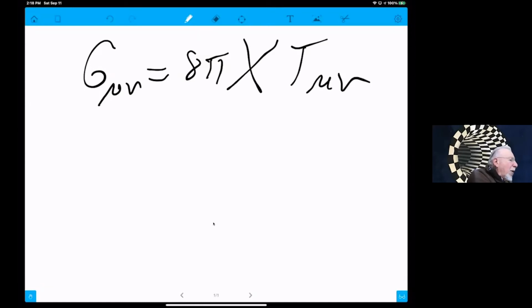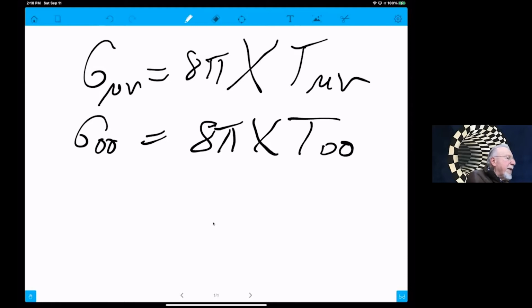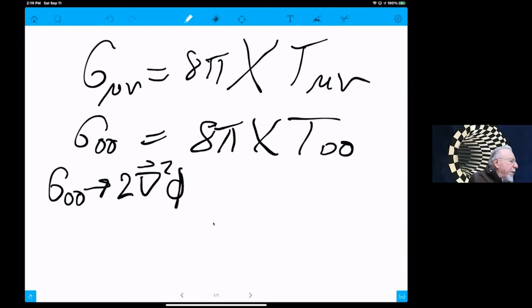In particular, the Newtonian limit is the time component: G 0,0 equals 8 pi X T 0,0. If you do the tensor calculus, G 0,0 goes to, I think, 2 del squared Newtonian over C squared.